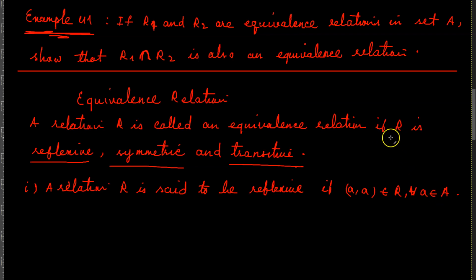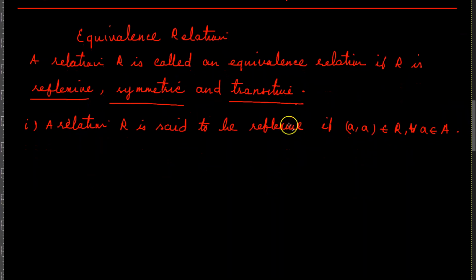Now let me change this color here. I don't like this color that much. So here we are assuming that we have some set A, and in this set A you have some elements, of course.